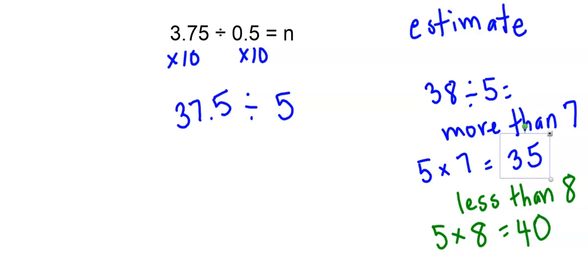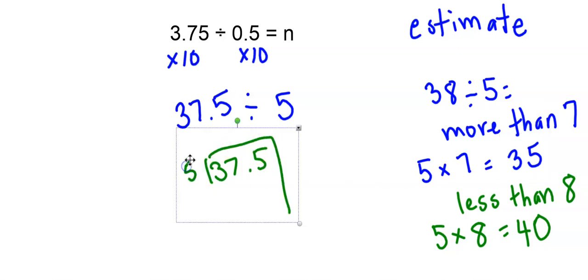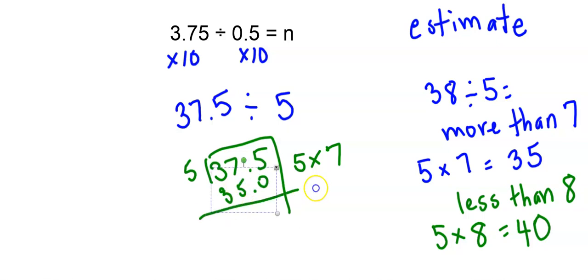So I think it's going to be between 7 and 8. So let's find out. So we have 37 and 5/10, and I'm going to divide that by 5. So I know that 5 times 7 is 35. And how much would I have left?